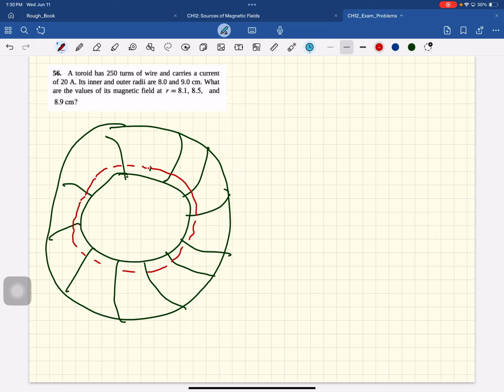Okay. And so let's say the current is flowing this way, into the paper. Now let me just draw this Amperian loop, and the currents are flowing in.